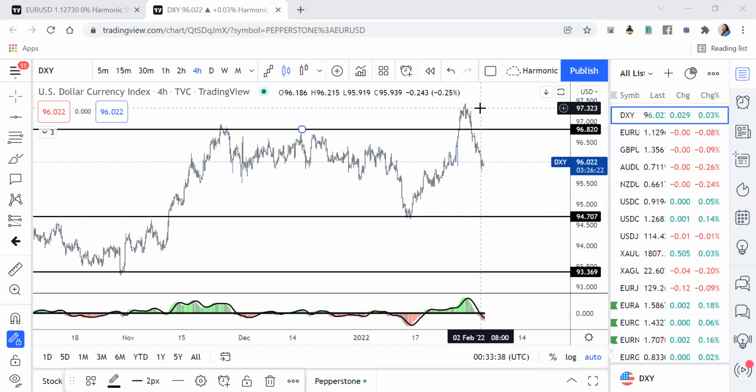Why? Because when you scale into the 4-hour, the 1-hour and even the 15-minute, you are expanding that daily candle into smaller candles to see the activity that would have happened during that entire day. So smaller structures will be formed within that daily time frame.